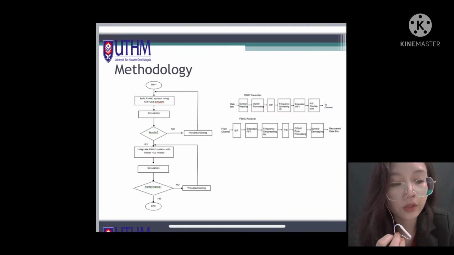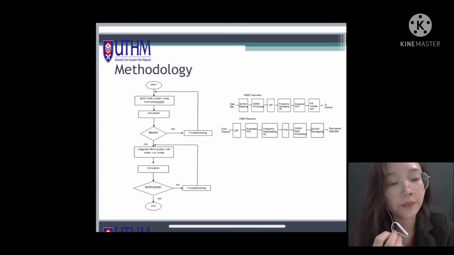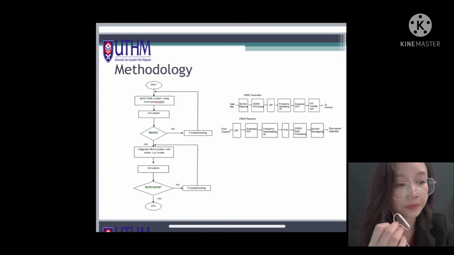Next is the methodology of the project. Before we proceed to the flowchart of this project, we need to understand the block diagram of FBMC, which has two parts, transmitter and receiver.